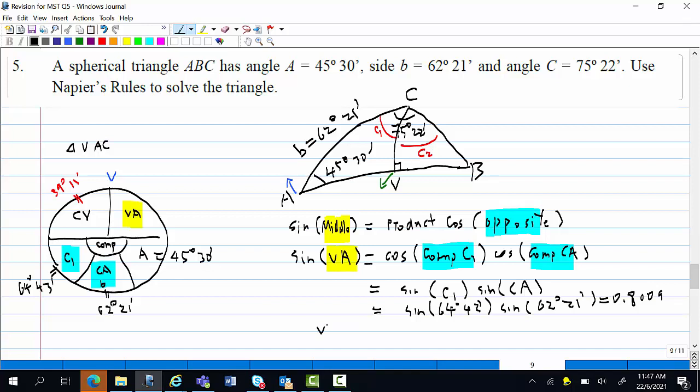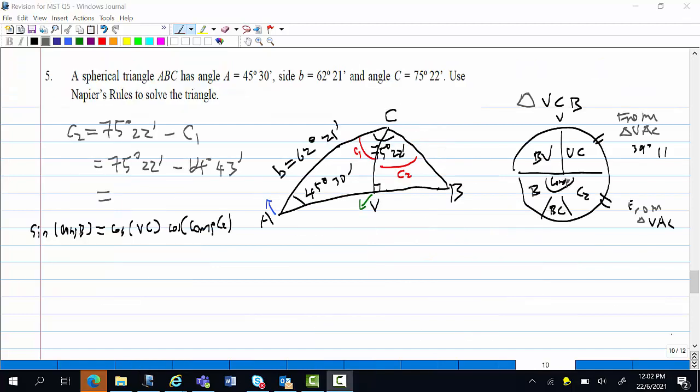So VA is sine inverse of the answer, which is equal to 53 degrees 13 minutes. So VA is 53 degrees 13 minutes. So this part is 53 degrees 30 minutes here.